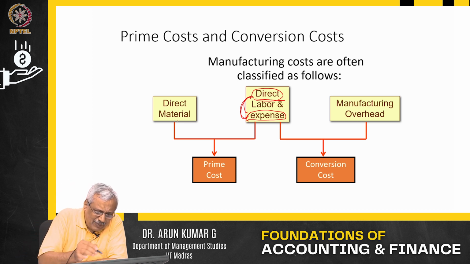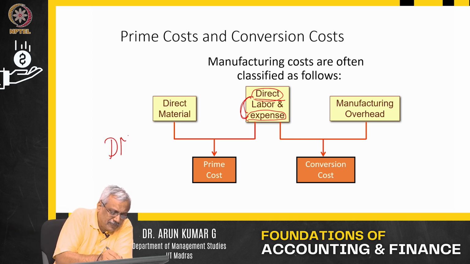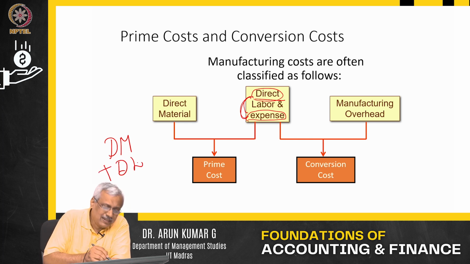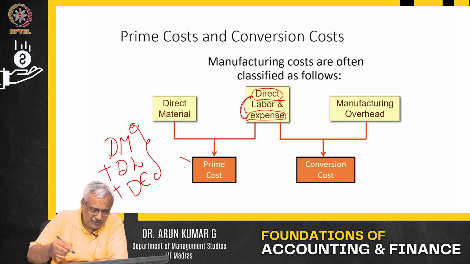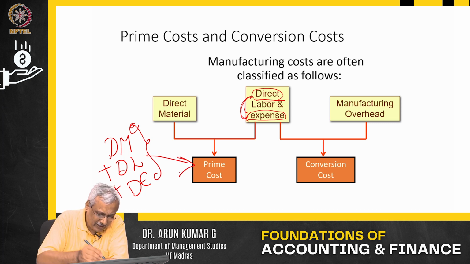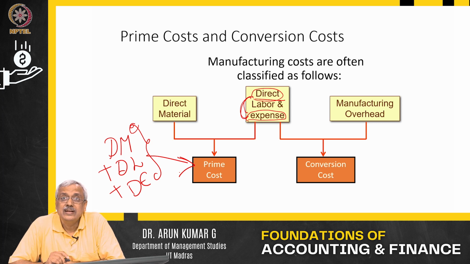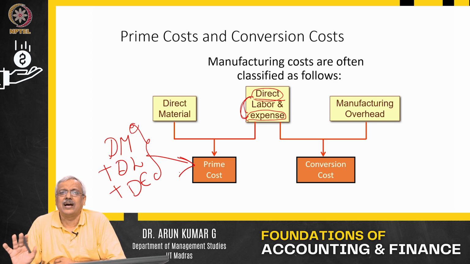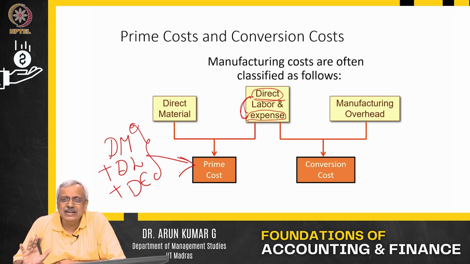So, direct material, typically we use the term DM, plus direct labor DL, plus direct expenditure DE, all these put together is what we call prime cost. Prime is a simple English word.